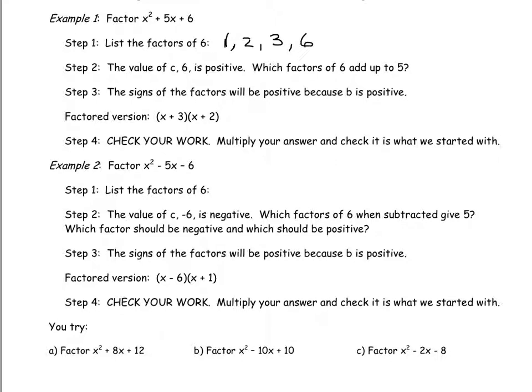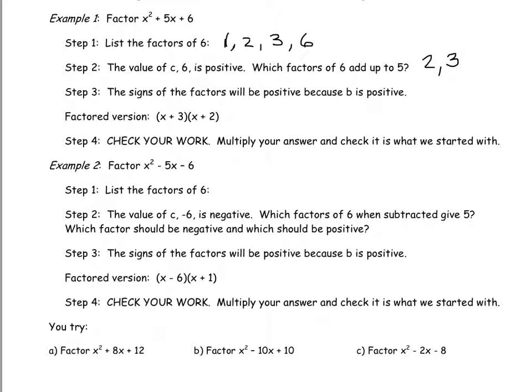So which factors of 6 add up to 5? 1 and 6 don't add up to 5. 2 and 3 do. So 2 and 3 would be the factors that I'm looking for. The signs of the factors will be positive because b is positive, so that it's got to add up to a positive 5.